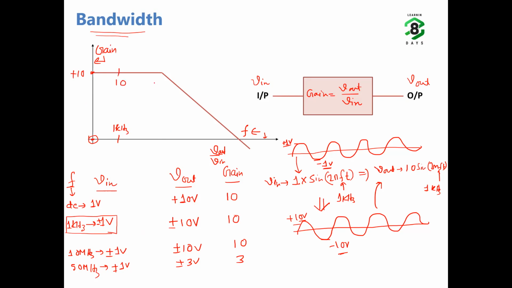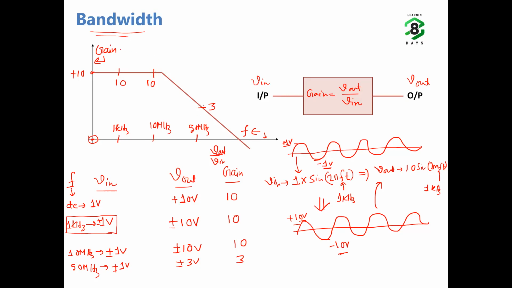At 10 megahertz also, the gain is 10. But the moment 50 megahertz came, somewhere at 50 megahertz, the gain at that time is only 3. So essentially, we can see that as the frequency increases, the gain of the system is falling.